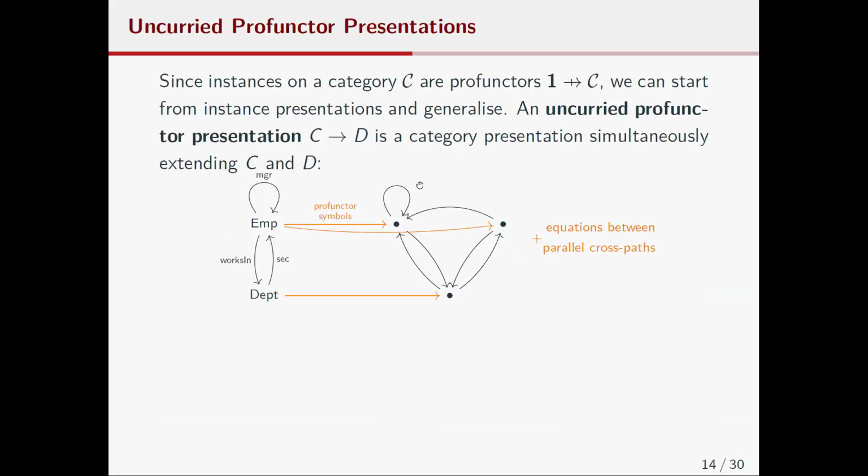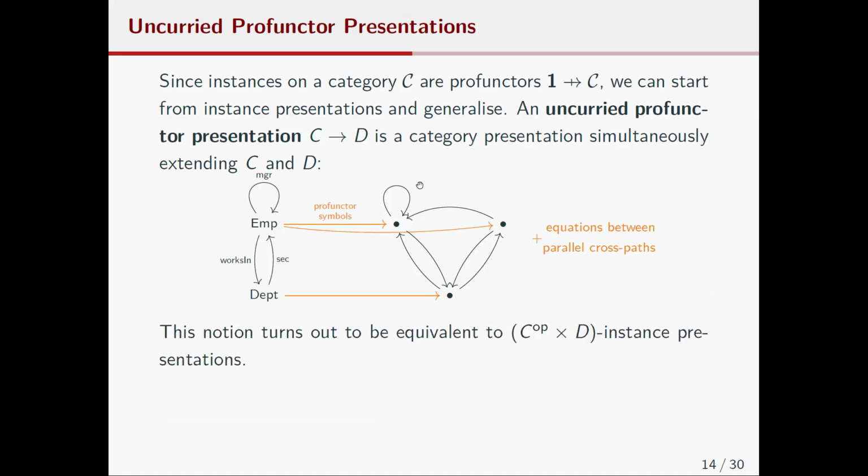So our first attempt at a profunctor presentation will be just generalizing the instance presentations that I showed. So now we will have a category presentation that extends simultaneously to categories C and D with some profunctor symbols that have a domain in C and a codomain in D, plus some equations between parallel cross paths, where a cross path means that it has to go through some of these symbols at some point.